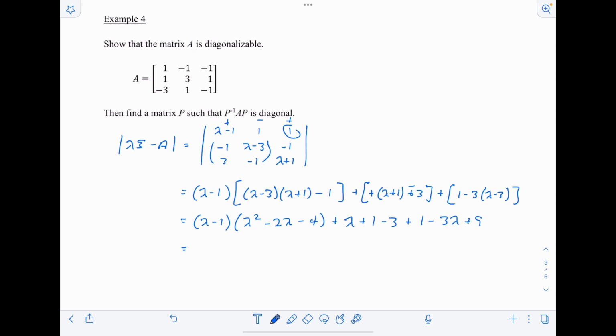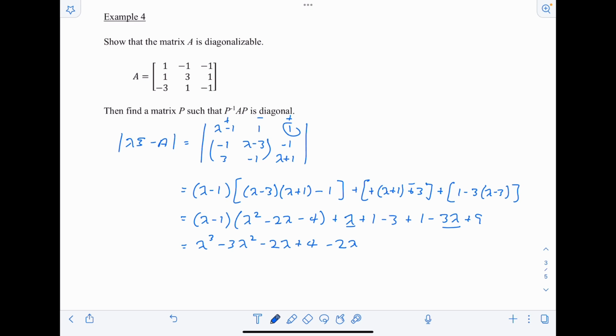Multiplying this out, we have lambda cubed, minus 2 lambda squared and a minus 1 lambda squared is minus 3 lambda squared. We'll have a minus 4 lambda and a plus 2 is a minus 2 lambda, and then plus 4. Then a lambda minus 3 lambda is minus 2 lambda, and 1 minus 3 is -2, plus 1 is -1, plus 9 is 8. Yep. Finally, lambda cubed minus 3 lambda squared minus 4 lambda plus 12.